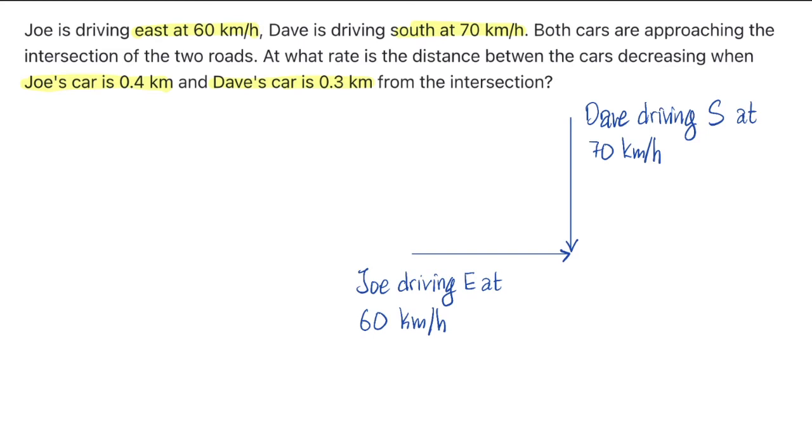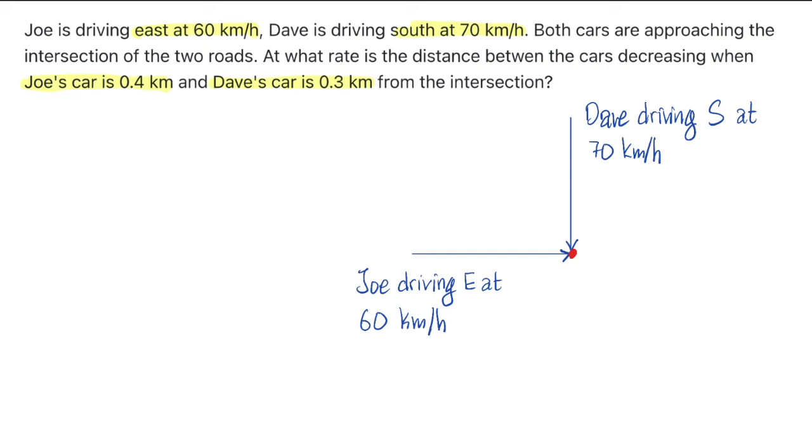So these are our rates, and we are asked to determine at what rate the distance between the cars is decreasing. Now they are approaching this intersection, the point where they will meet, and we also know how far away they are.